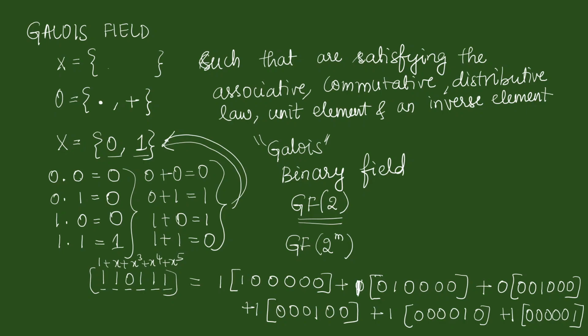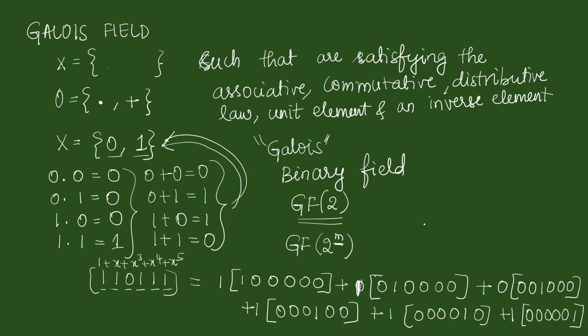Since I can represent any given code vector in terms of its equivalent n dimensional vector, this m represents how many bit sequence I have, and this gives me what dimension I can extend it to. So 2 power m represents how many code vectors can be represented, and m represents the dimension.